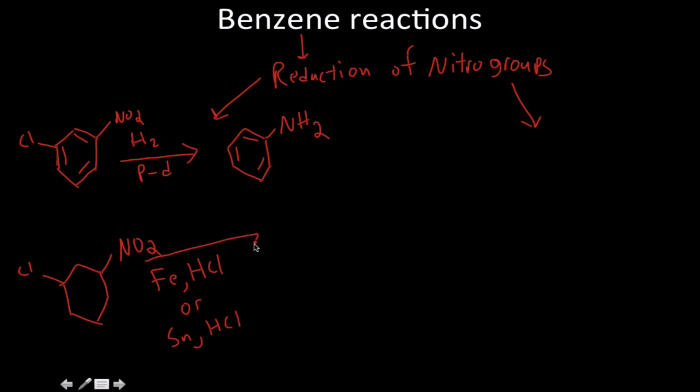The product is the same, though they're not the same element. What you get out of this is an NH2 and a Cl attached to the ring, and you get to keep your halogen, which is nice.